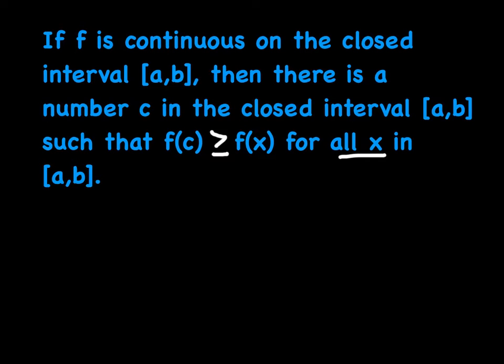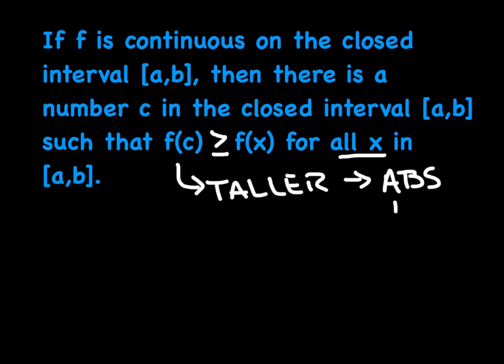Really what we're saying is there's a particular number c that is taller or higher than every other point within that closed interval. And when we say taller, what we're indicating is that that's the absolute max. Then we could rewrite the same sentence with a less than or equal sign to justify an absolute min.